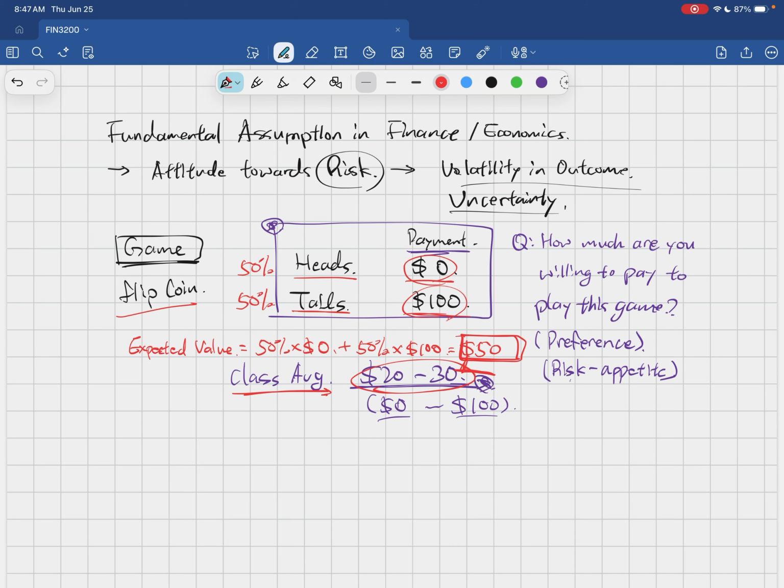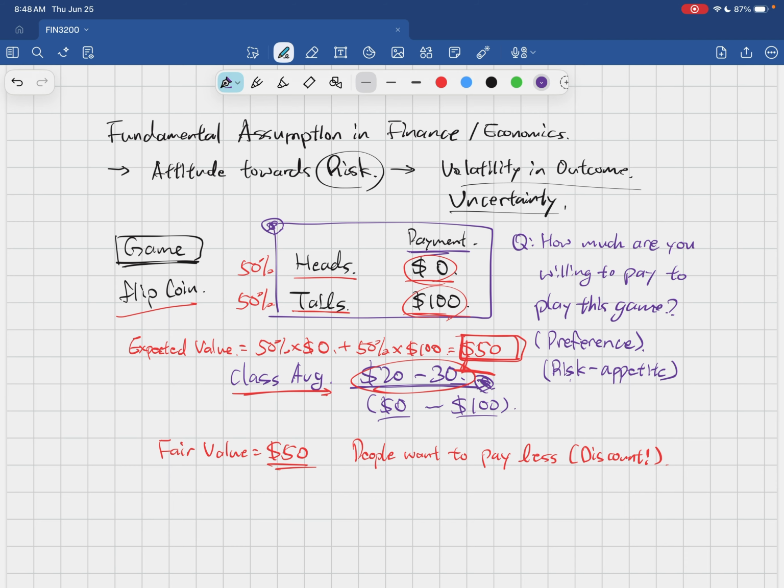Even though the fair value from a statistical point of view is $50, people are willing to pay less than $50 to play this game. They're applying a discount. Why is that?